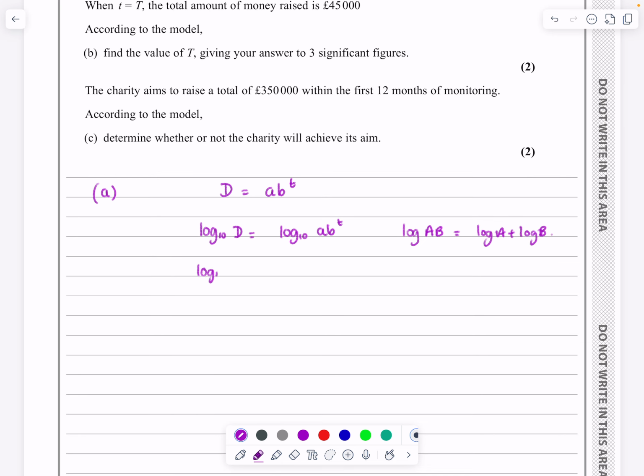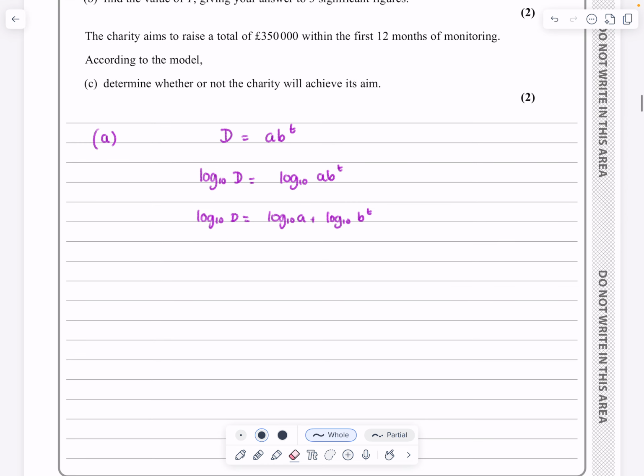So I'm going to get log 10D is equal to log 10A plus log 10B to the T. And we've got another one of our log rules here, which is if we've got log A to the N here, what we can do is take the power down there. So we're going to do that one. Let's get rid of both of those bits of working out. So we're going to end up with log 10D equals log 10A plus T log 10B.